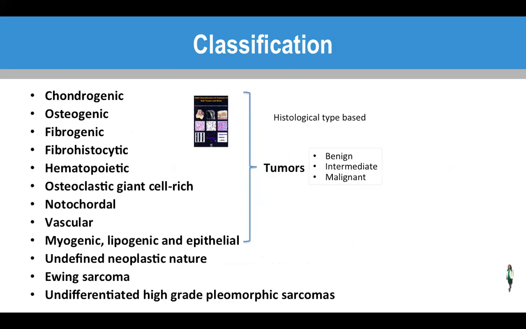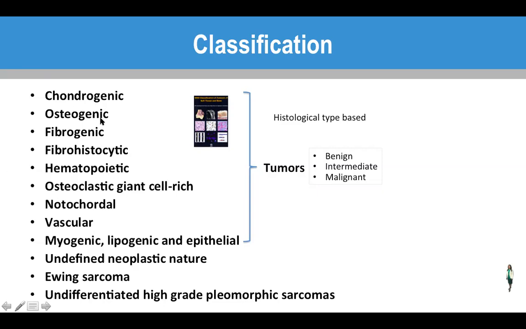So be familiar with the menu, knowing what is in the vegetarian section, what's in the seafood section, what's in the beef section. You'll have a good idea of what you may like. Over here, when it is called a chondrogenic tumor, that means they're producing cartilage.